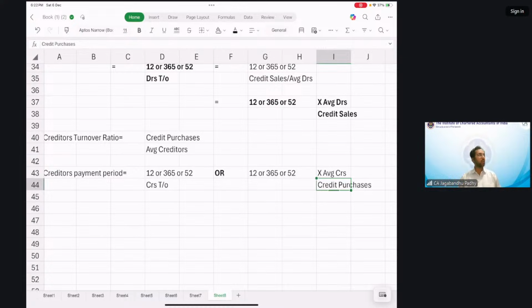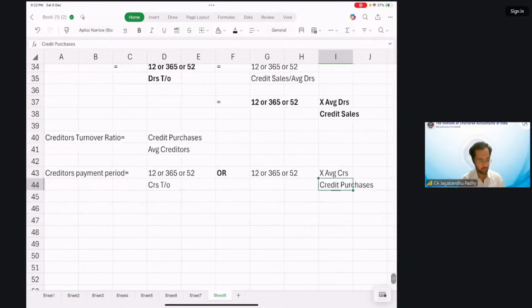But all these activity, efficiency or turnover ratios are going to tell us how effectively we are going to manage it, how effectively we are going to run the business. That's what is indicated over here.